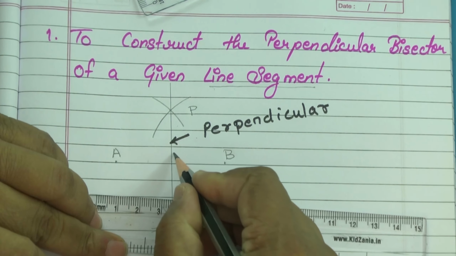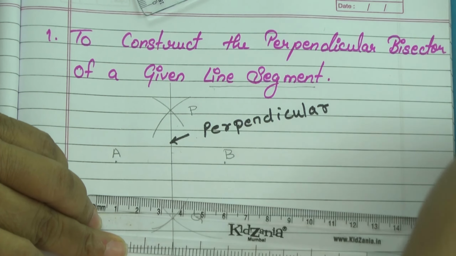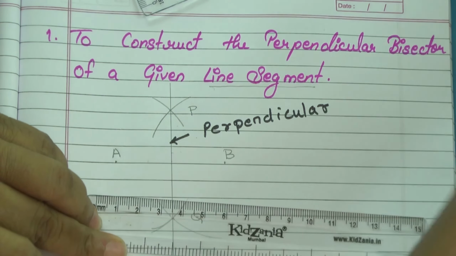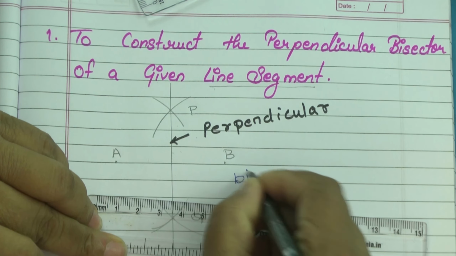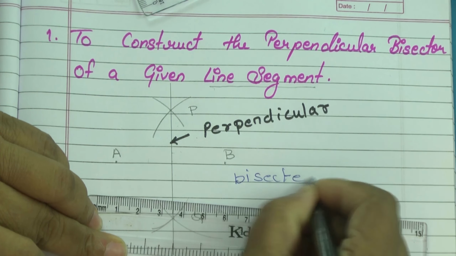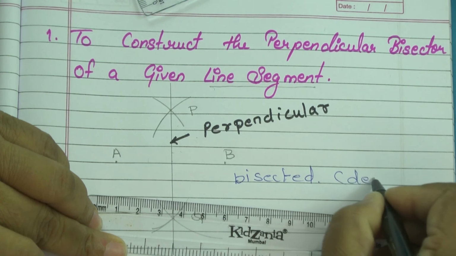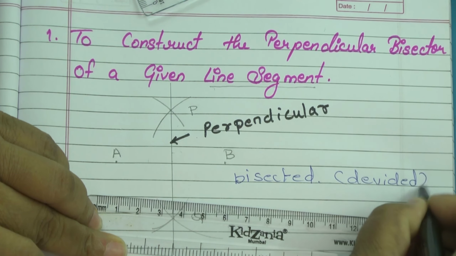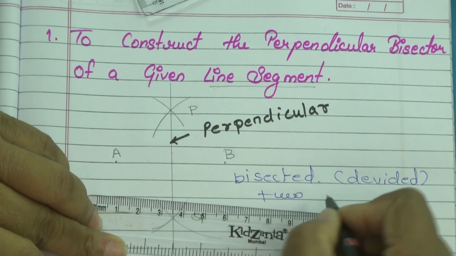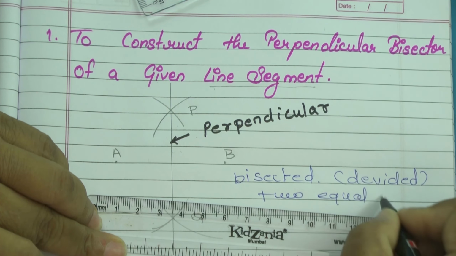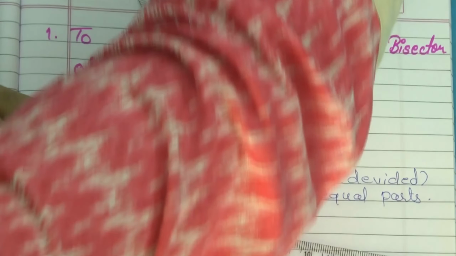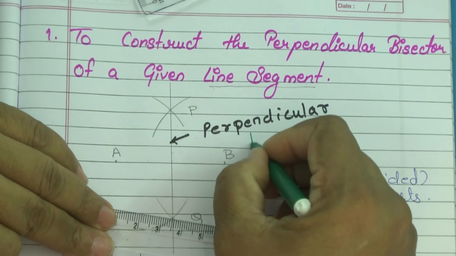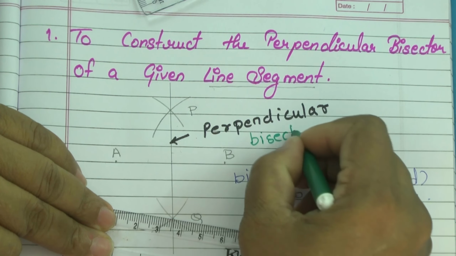That means the perpendicular line has bisected. Bisected means divided it in 2 equal parts. And therefore it is known as perpendicular bisector.